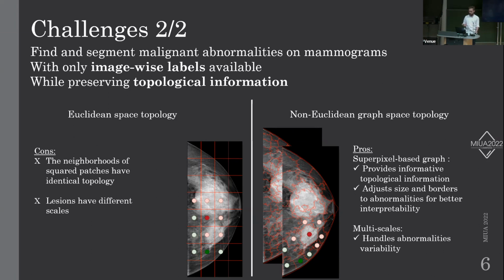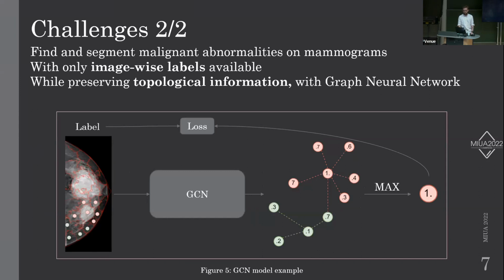We also use a multi-scale superpixels approach to handle the variability of abnormalities in size, across the wide range of sizes in the breast. To learn these node topological features, we choose to use a graph convolutional network, which, following the multiple instance learning strategy, will perform image-wise and region-wise classification while having only mammogram labels.